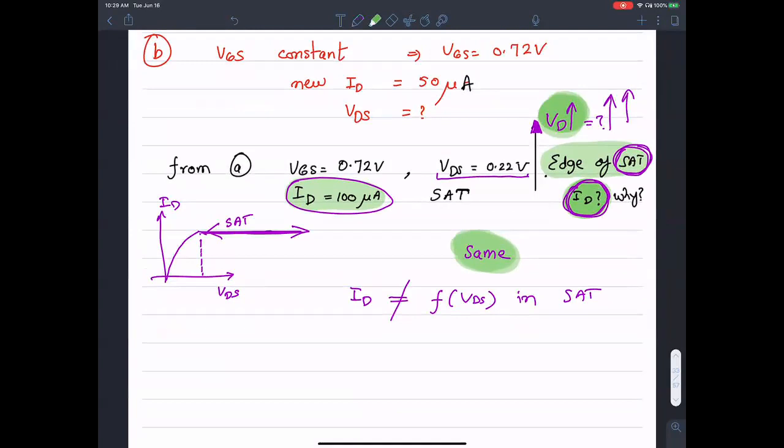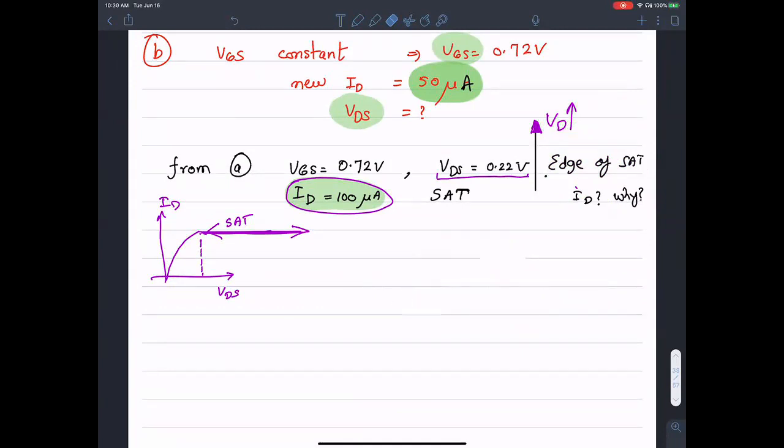So the problem here is really asking us to reduce the drain current not by changing VGS, but by changing VDS. The problem is hinting to us that we should be operating not in the saturation region, but in the linear region.